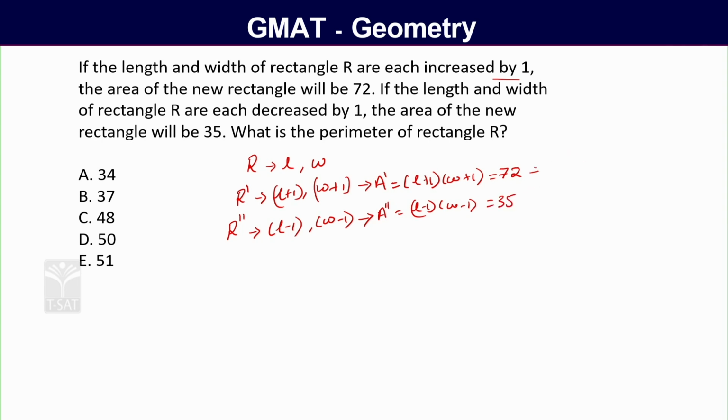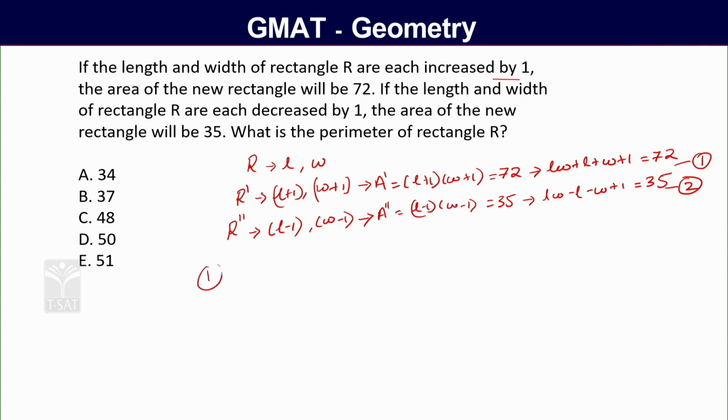So when you expand this, it is LW plus L plus W plus 1 is equal to 72, and this comes out to be LW minus L minus W plus 1 is equal to 35. Let's call this equation 1, and this equation number 2.